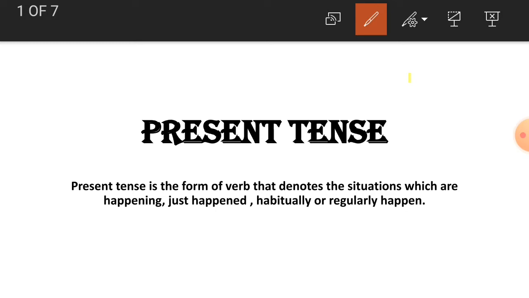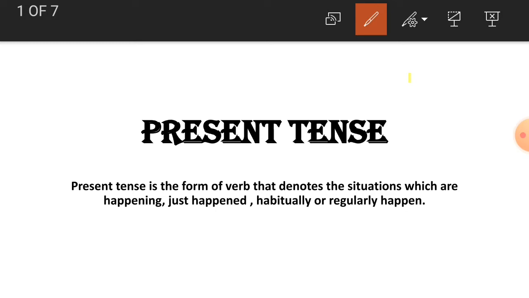Students, I mean to say, it tells, it denotes, it expresses the situations related to the present time.